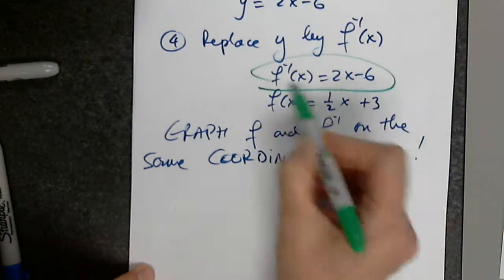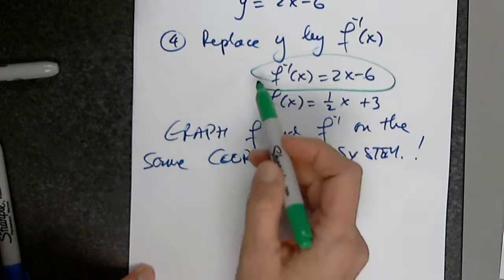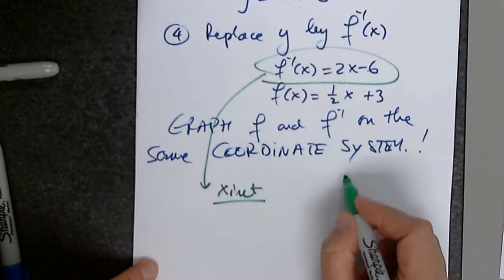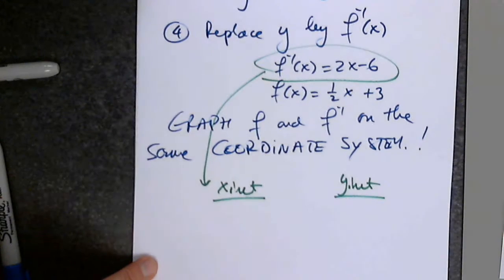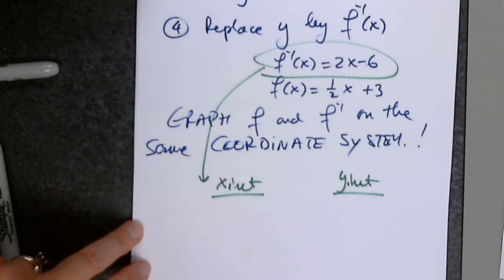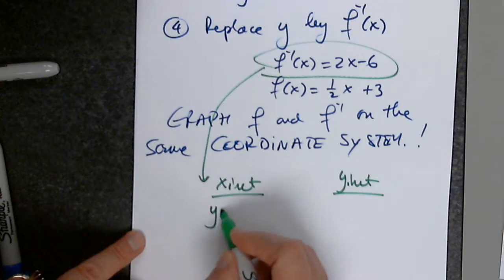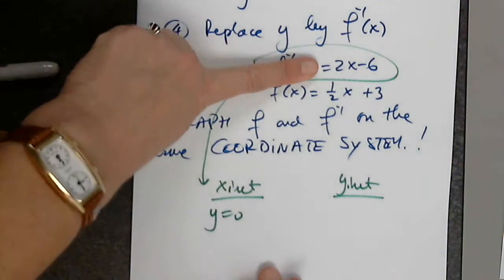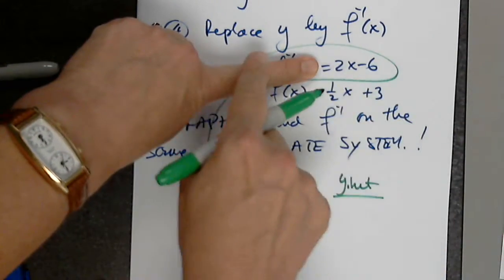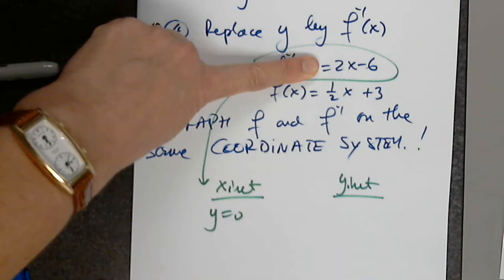I'm going to graph this. I need the x and y intercepts. How do I determine the x-intercept? Yes. Y equals 0. How much is x? This is 0. I bring 6 and divide by 2. 3.